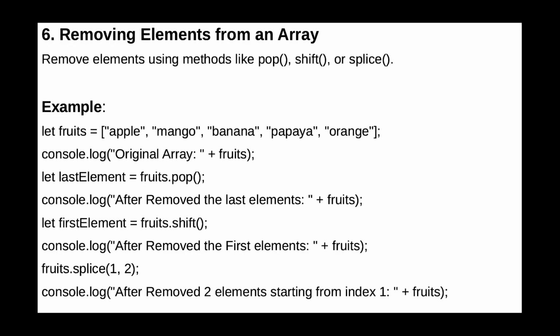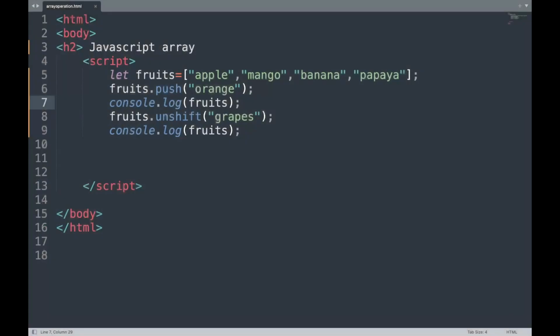So next is removing elements from an array. Remove elements using methods like pop, shift or splice. So this is the example of how to remove elements from an array. We take one example of this. Open the Sublime text editor and change this code.